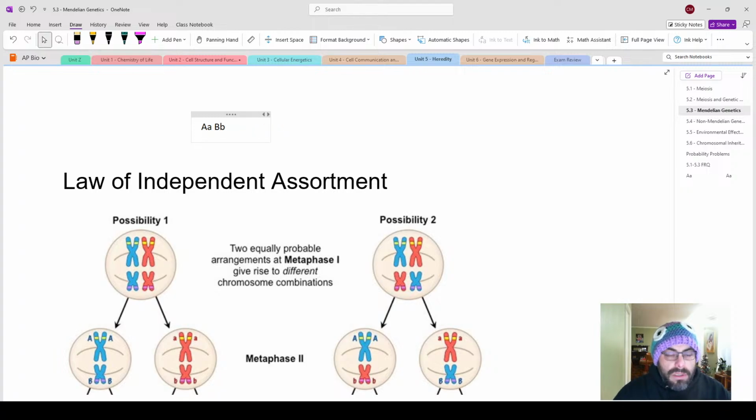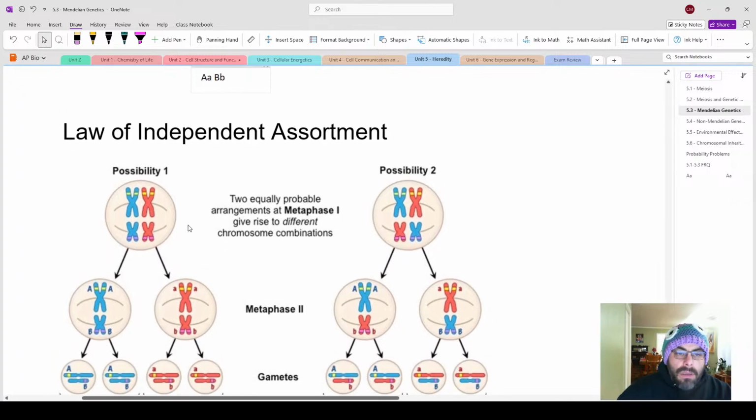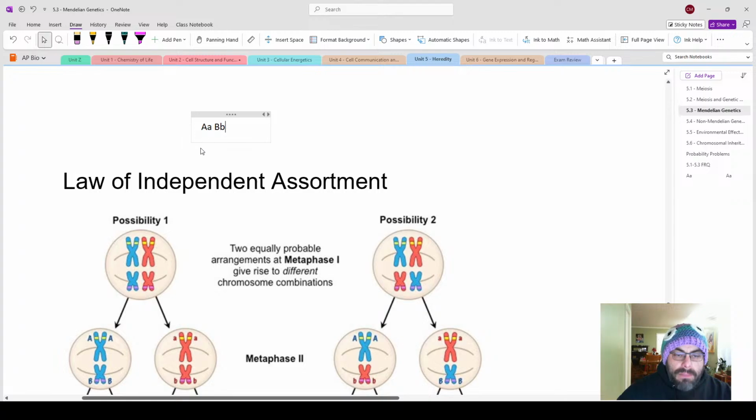We're just going to do this. And what it is saying is that A and B sort themselves independent of one another, meaning that big A and big B don't always go together, right?